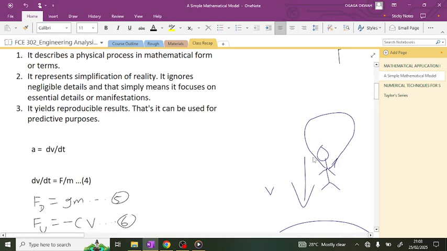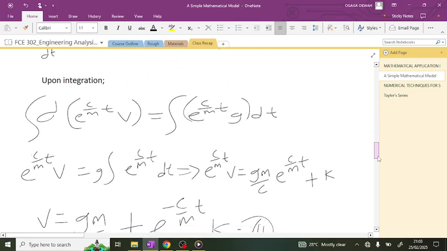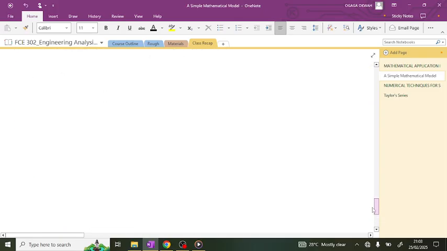If you've not seen that video, it talks about the simple math model and going from simple to complex math models. Please check out that video. It's from that point we calculated and derived the solution.